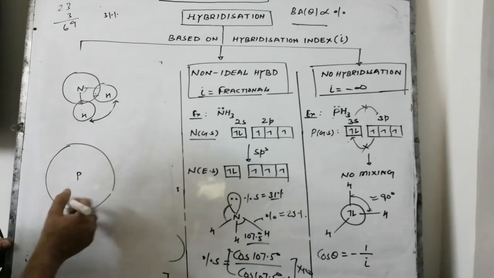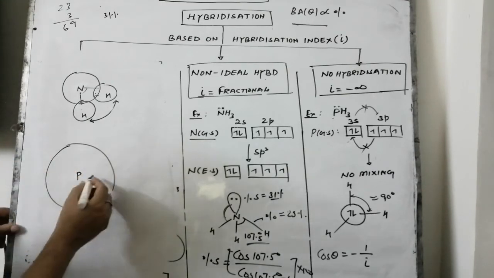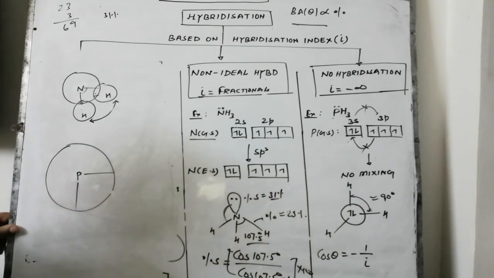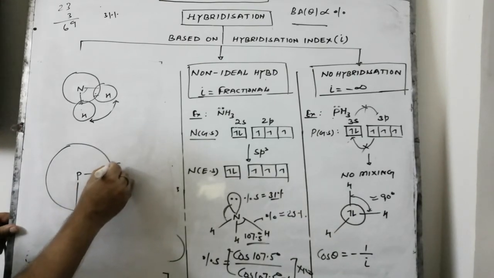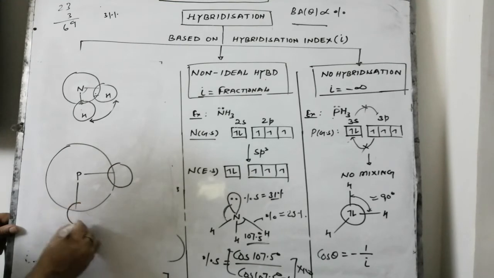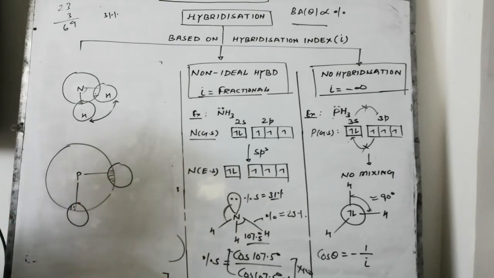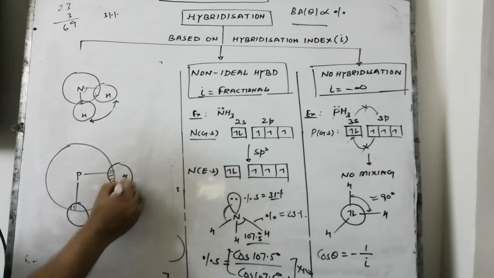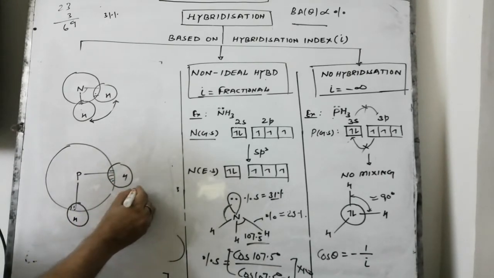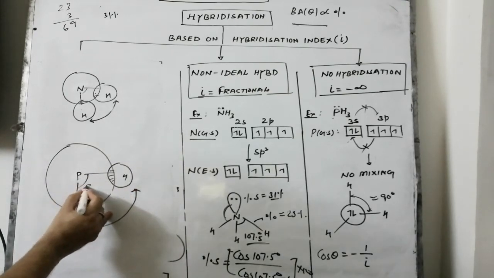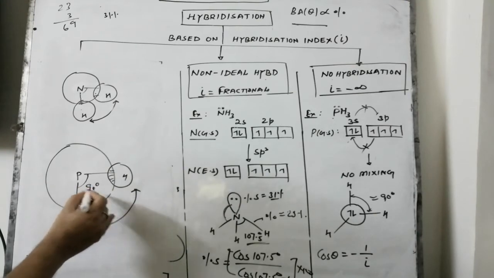In case of phosphorus, which is pretty big in size, if it undergoes overlapping in the ground state as such, this is the hydrogen atom, this is the hydrogen atom. Here steric stabilization is not needed, because these two hydrogen atoms are already far apart from each other, and even at 90 degrees steric stabilization has already come out.